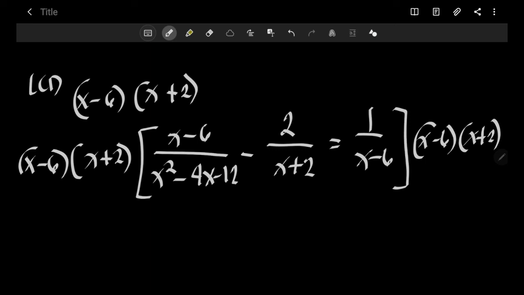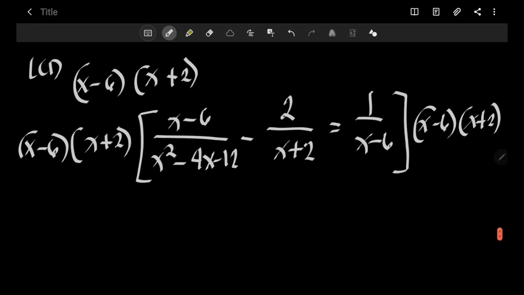Okay. Now, let us multiply. So, since we all know that x minus 6 and x plus 2 are the factors of your first denominator, so when you divide it, that is equal to 1. Multiplied by your numerator, so we have x minus 6 minus your LCD divided by x plus 2.